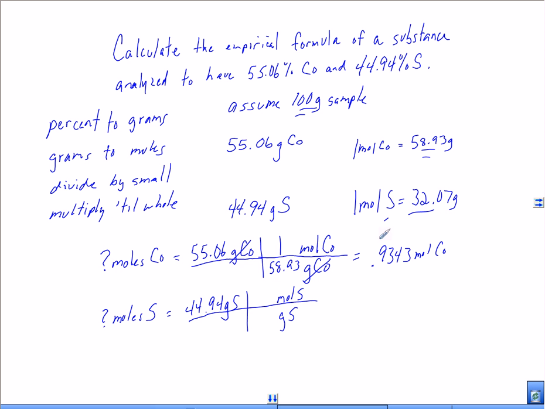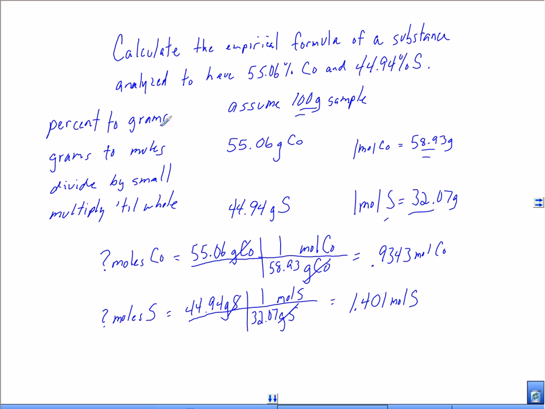That's the molar mass of sulfur. Grams cancel. Now I do 44.94 divided by 32.07, and I end up with 1.401 moles of sulfur.